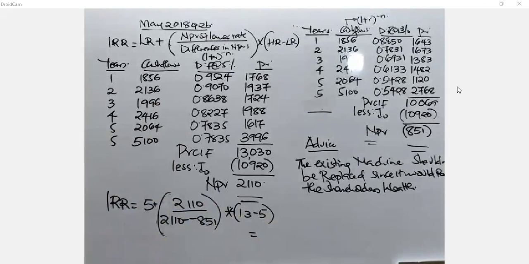So 2110 divided by that answer. We multiply by the difference here, which should be 8. Multiply by 8. Then we add our 5 here, getting 10.7.